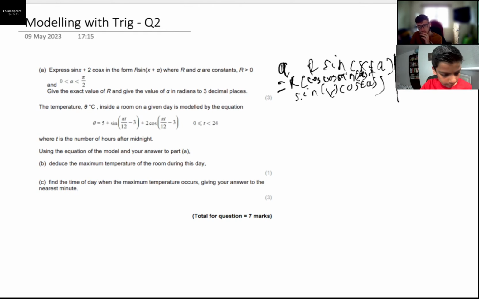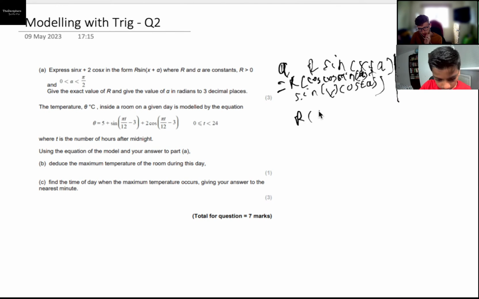So it's sine x. We want to express sine x plus 2 cos x. So it's r sine x cos A first.